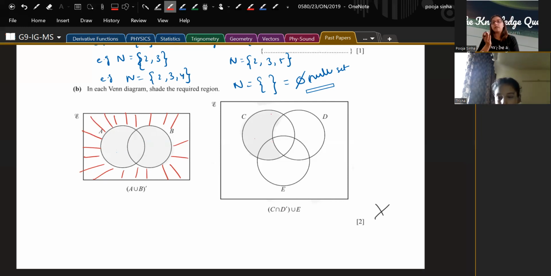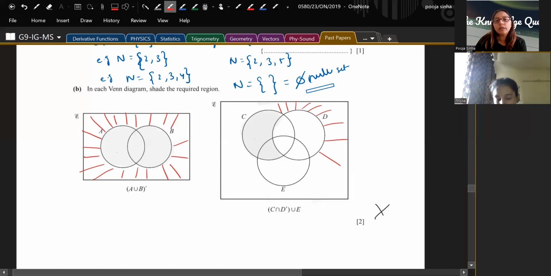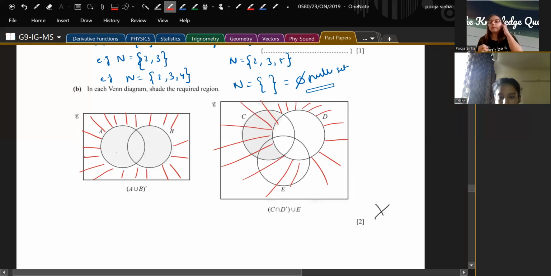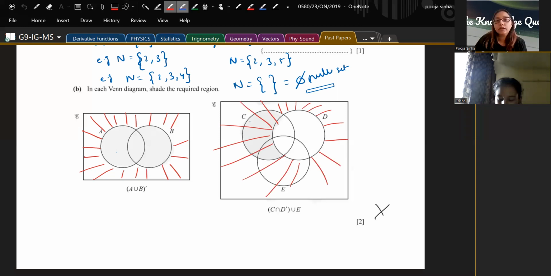First to understand what is D complement, then you can see what is intersection of C and D. So everything which is D complement is this one, right? This whole thing, the red region that I'm doing, that whole thing is D complement. And C intersection D complement is what? C intersection the D complement is this.